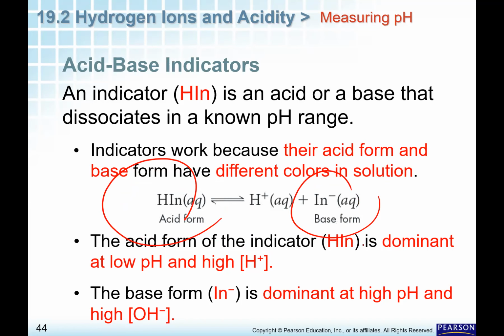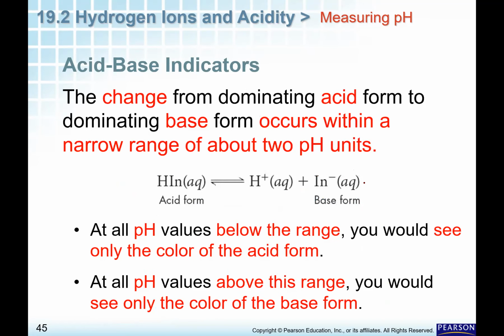If the H plus concentration is higher, which means the pH is lower, then the equilibrium will be shifted in this direction, so HIn will be dominant, and the color is that of the acidic form. If the H plus is lower, or the OH minus is higher, then the equilibrium will go to that side, we have the basic form, and the color is different.